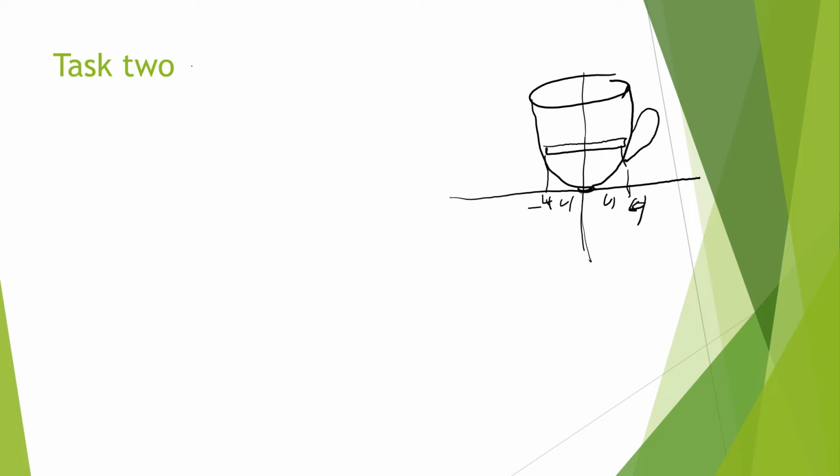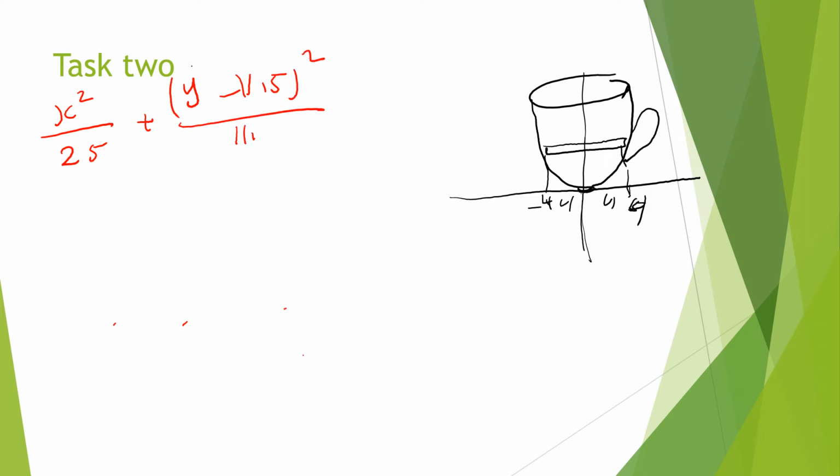So how to do this? We'll write the equation of the body ellipse, which is 1/25 plus y minus 11.5 all square over 11.5 square over 1 minus 1/25 equal 1.